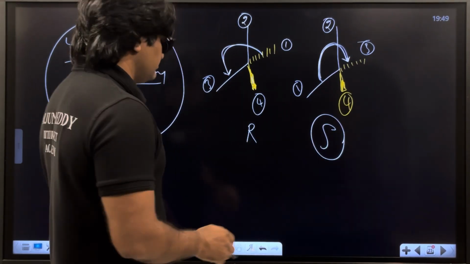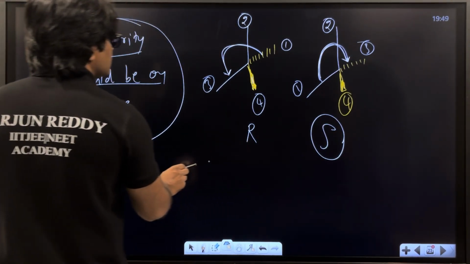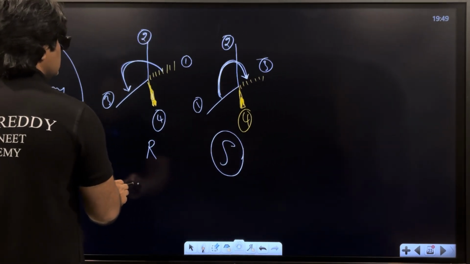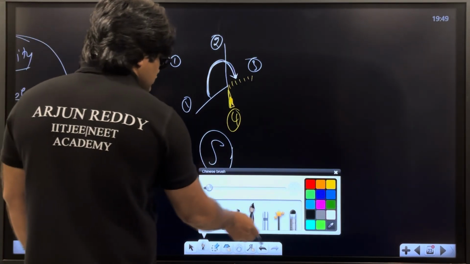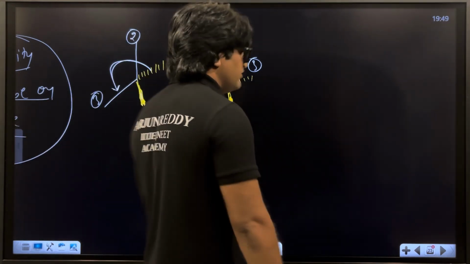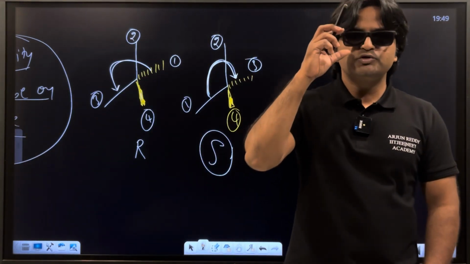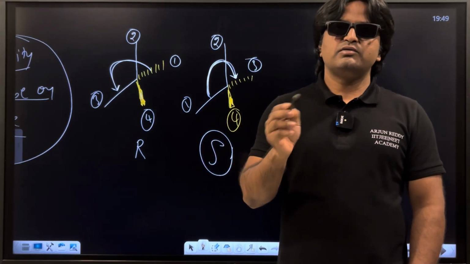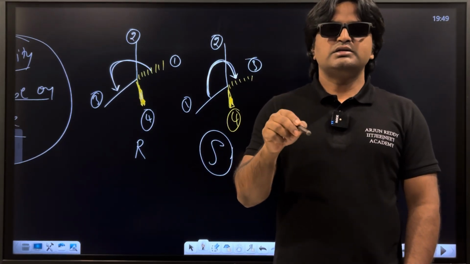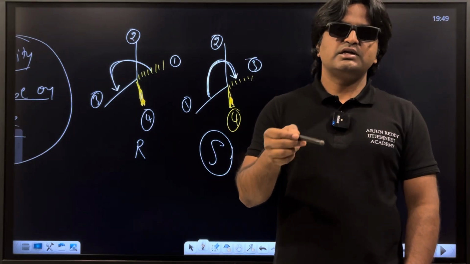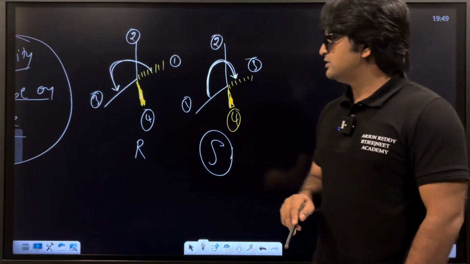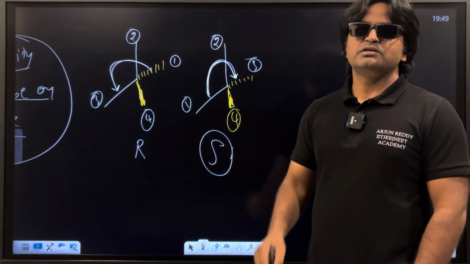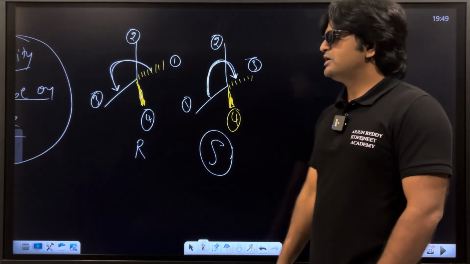Because now very simple thing, according to that RS configuration, least priority group should be on the broken wedge, and after that 1, 2, 3 priorities are in clockwise direction, R configuration. Next 1, 2, 3 priorities are in anti-clockwise direction, S configuration. But here your least priority group is present on thick wedge. That's why we are taking opposite configuration.